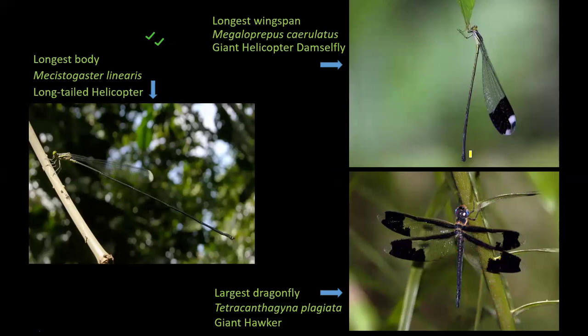These are some of the large ones that you can see. The Tetracanthagyna plagiata, or the giant hawk, the largest dragonfly, is found in the Southeast Asian region. But the largest damselflies, both these species shown here, Megaloprepus caerulatus and Mecistogaster linearis, are South American species from the Amazon region.